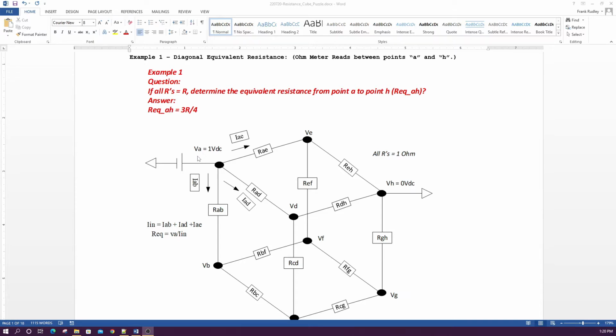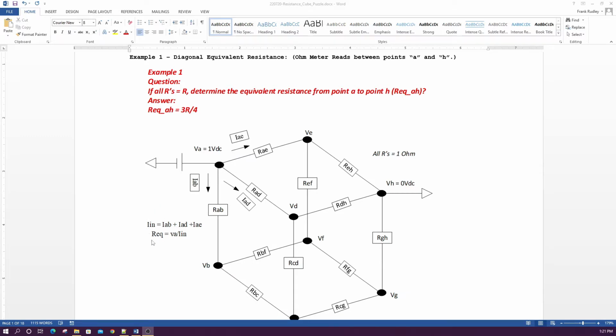So say it's 1 volt, it could be 1 volt. It's very arbitrary, but let's just say it's 1 volt. So the total current, I called it IN, is the sum of these three currents, IAB, IAD, and IAE. So the way the ohm meter works is that it takes the voltage, it knows its voltage at this point and divides it by the current coming out.